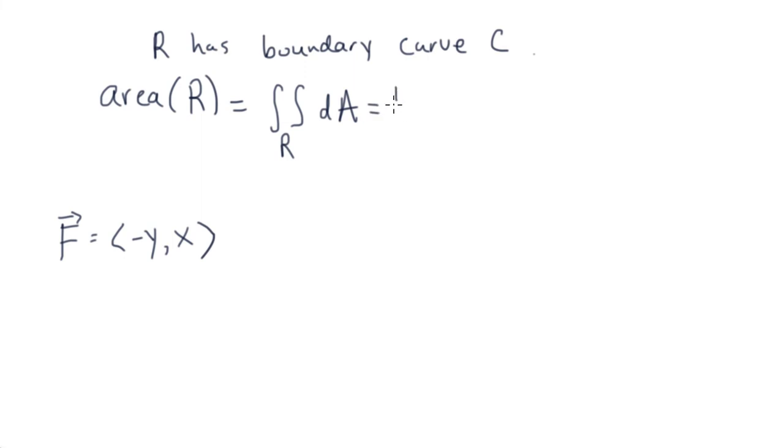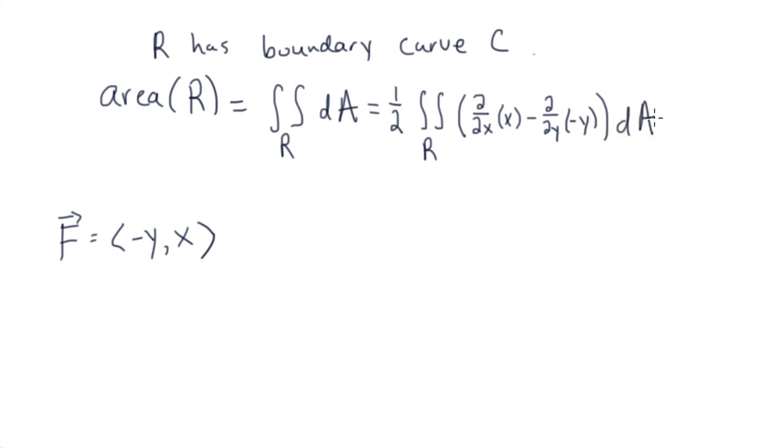I'm going to say that this is 1/2 the double integral over R of partial x of the function x minus partial y of the function minus y, of course dA. Notice that this is true. I just get 1 minus negative 1, so 2, and then the 1/2 cancels the 2, so these are really equal.